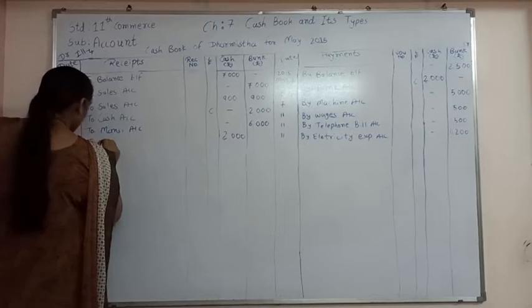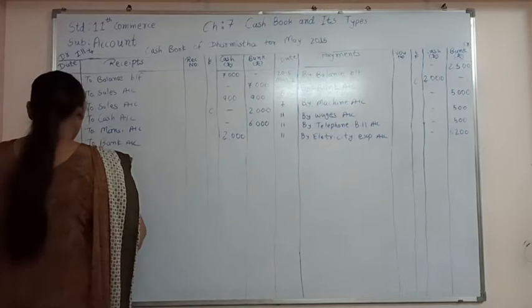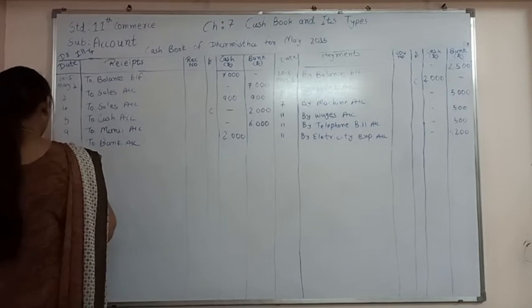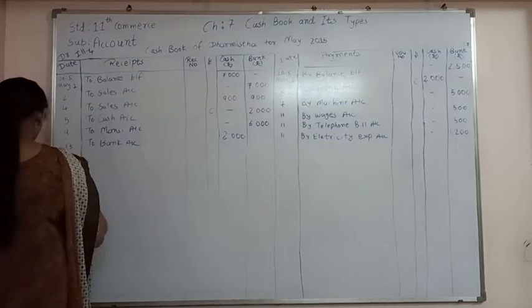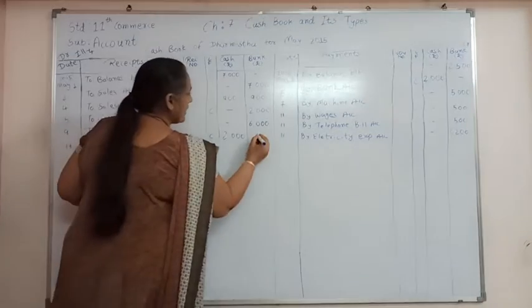Then to bank account, and date will be 13, and here we are going to write down contra transaction.